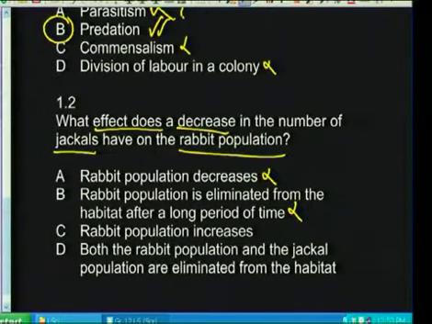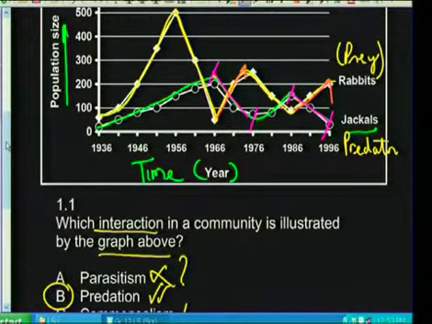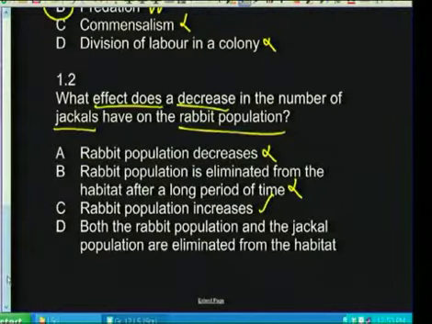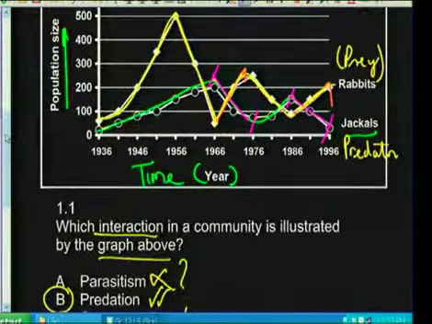C, the rabbit population increases, and we clearly saw that from the trends in the graph. We saw that the rabbit population increases when the jackal population decreases. The most correct answer would be C, but nevertheless, let's read D and see why that is not correct. Both the rabbit and jackal populations are eliminated from the habitat, and that's not true, as we clearly see from the graph that both of these coexist, where the numbers of each one influence the other.